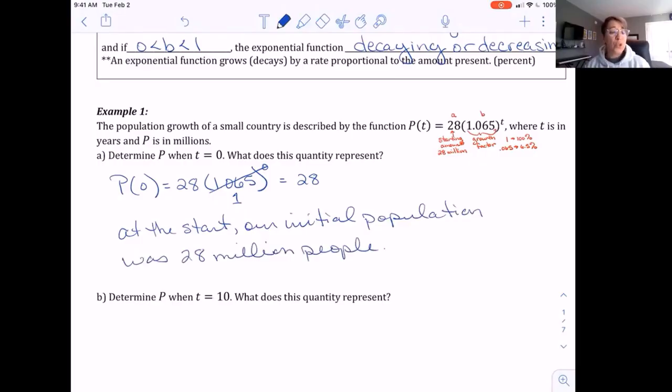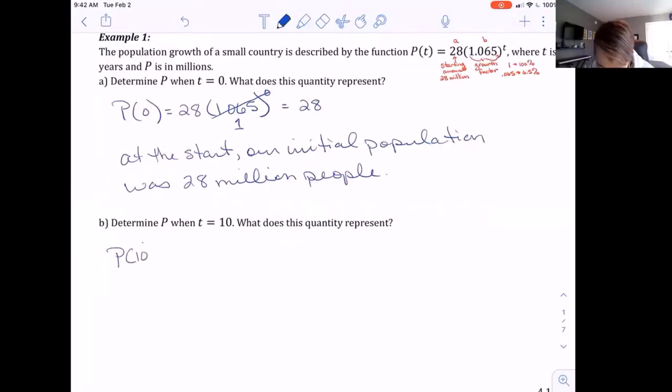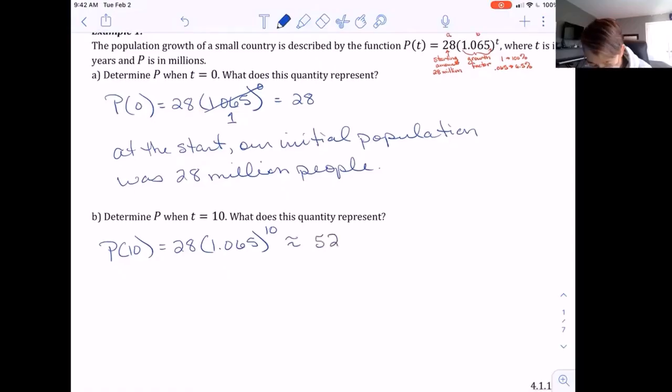Then it asks us to determine P, the population, when T is 10. So our time is 10 years. And what does that quantity represent? Well, P of 10 equals 28 times 1.065 to the 10, and that is approximately 52.56. Remember to put all of that in your calculator at once.